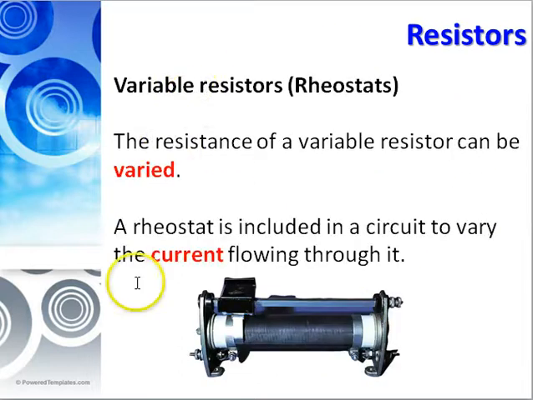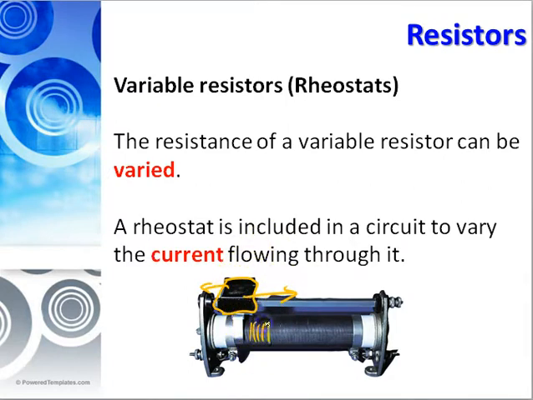For variable resistors, you have this one over here. This is called the rheostat. You can actually control the amount of current that's flowing. You use this black knob over here, you can push it towards the right or push it towards the left. By pushing it left and right, you're able to control the resistance.